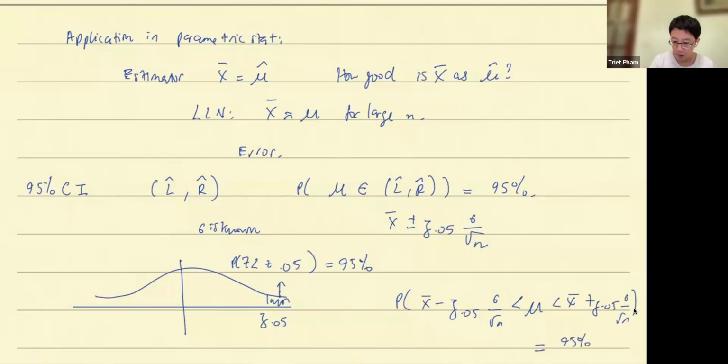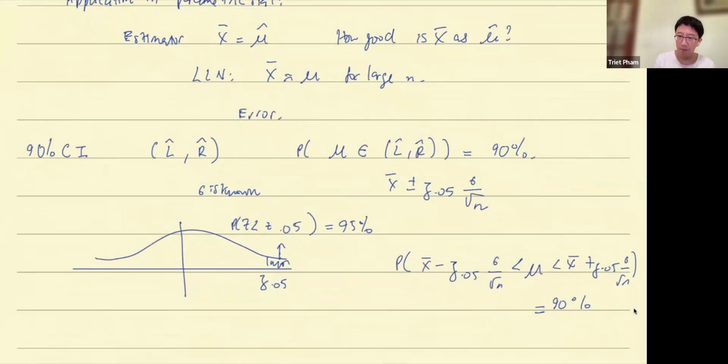Oh, and by the way, I think I made a mistake. If I do z 0.05, then it should be a 90% confidence interval, because I'm forming two sides right now. So why must it be 90%?